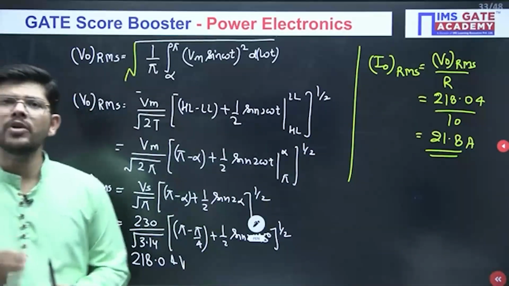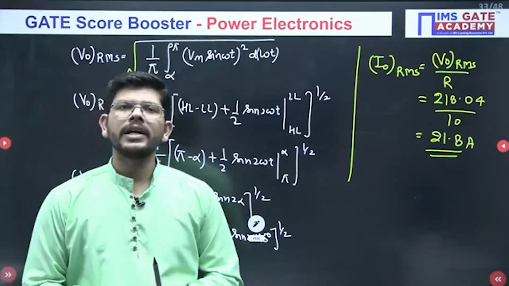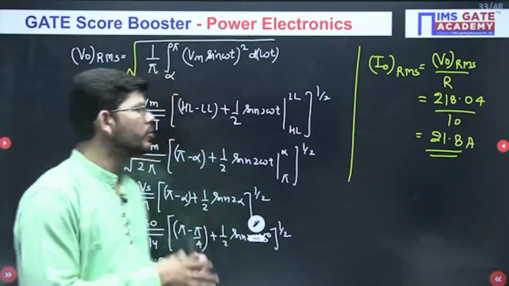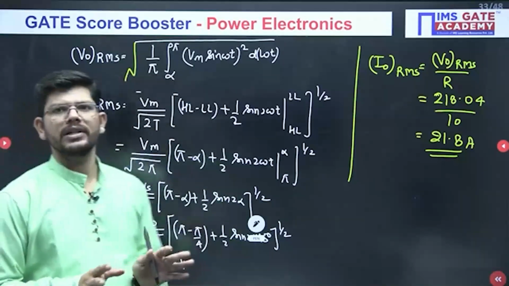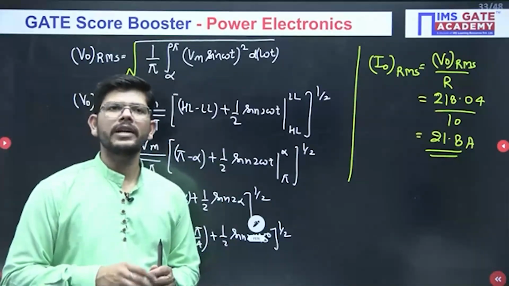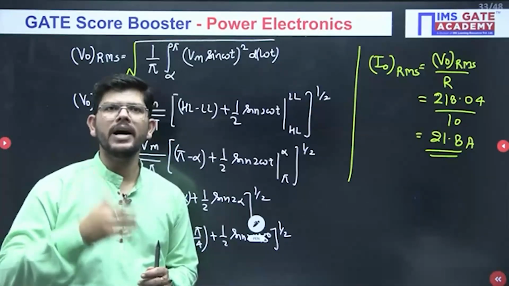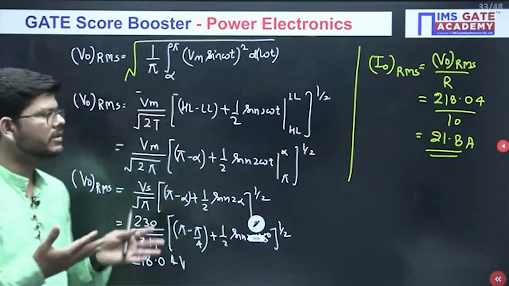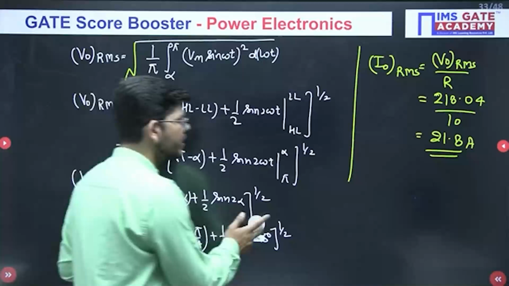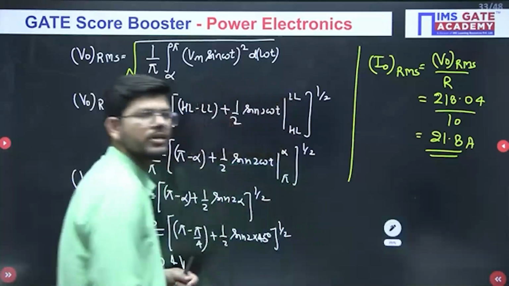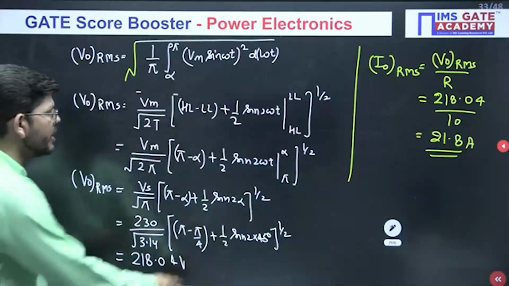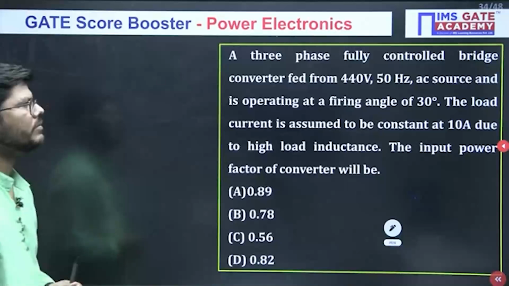If the load is only resistive, it is always preferred that you do the analysis and then calculate. Because we are done with a lot of higher cases, but if they give this simple case, students get confused. So be ready for these kinds of questions.